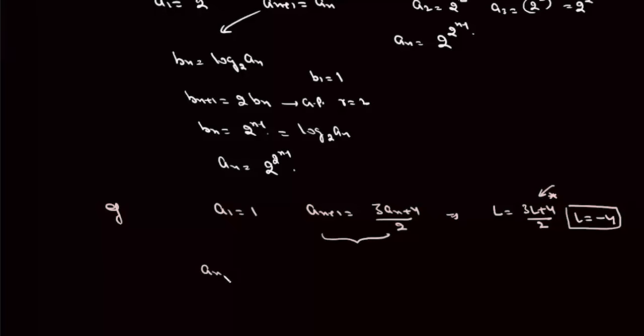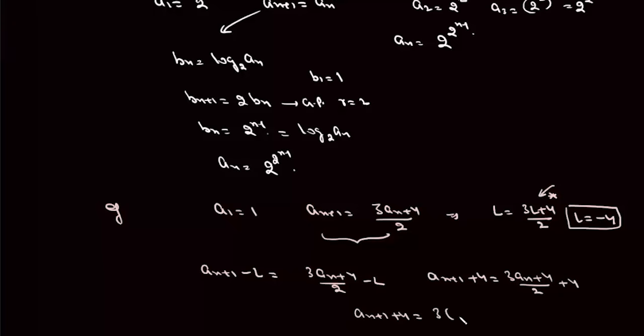So we'll get a(n+1) minus L and (3a_n + 4)/2 minus L, which in this case will be a(n+1) plus 4, and this is (3a_n + 4)/2 plus 4. So this is a(n+1) plus 4, and this is 12.